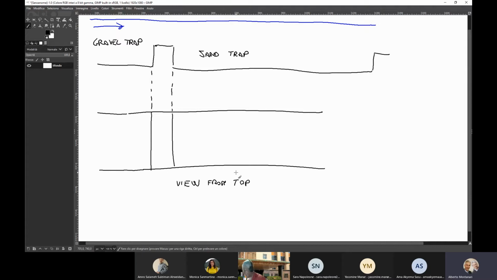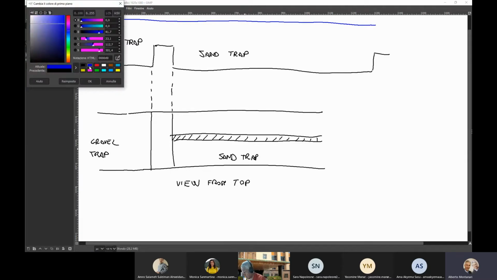Here there is the gravel trap, and here we have the sand trap, divided into channels like it is reported in the sketch in the web pages. This is the sand trap, and the flow is coming from here.